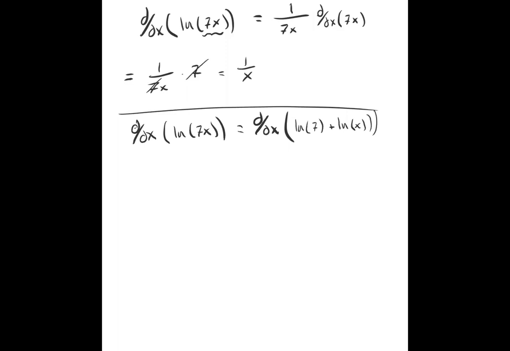Well, the derivative is a linear operator, which means that it distributes over sums like this. So the derivative of ln of 7, that's just a constant. That goes away. That's 0. And we're left with d/dx of ln of x, which, if you'll recall from the text, is 1 over x. So if you thought it was kind of odd that there was this cancellation here with the 7s, this kind of gives a little bit of reason why that works.